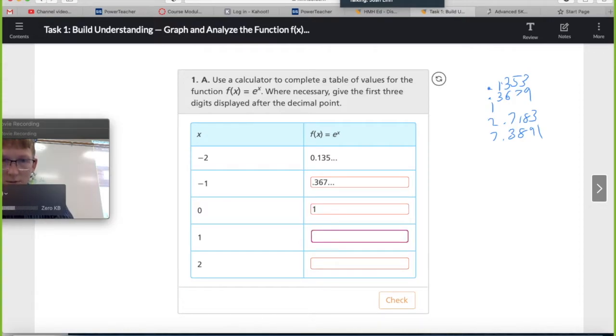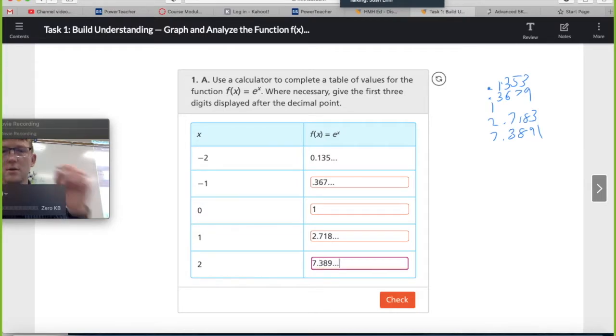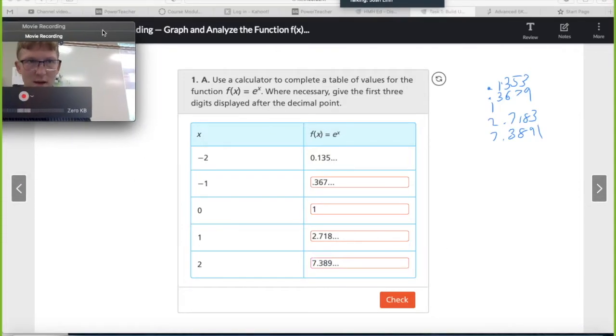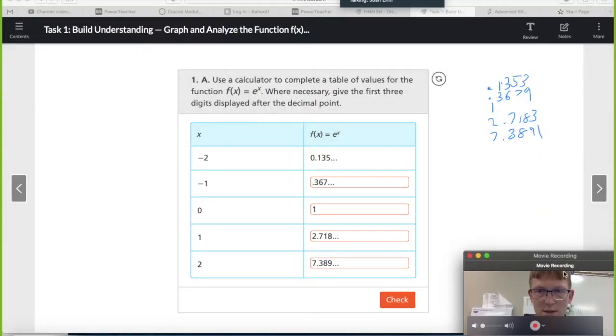e to the power of 0 is always 1. Anything to the power of 0 is always going to be 1. 2.714... 7.389... See if we got close or not.